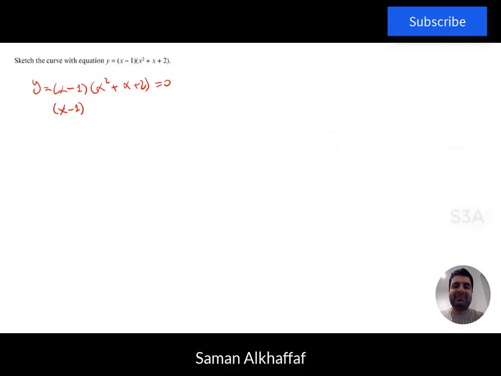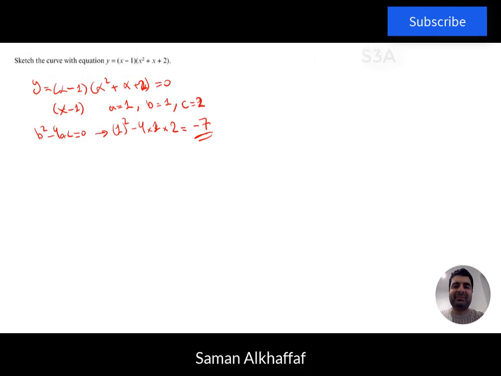In this scenario we know a is 1, b is 1, and c is 2, so we use b squared minus 4ac, which gives us 1 squared minus 4 multiplied by 1 multiplied by 2, and in this scenario it will give us minus 7.